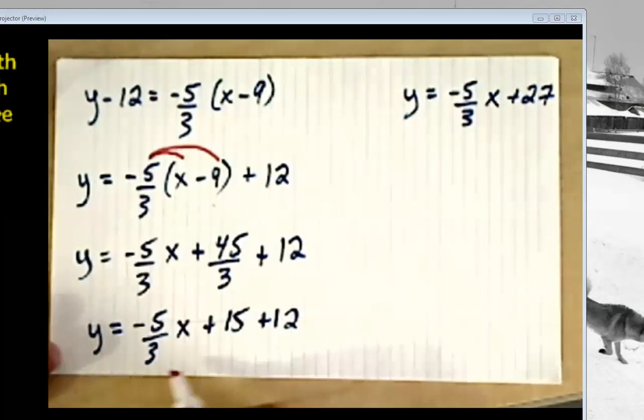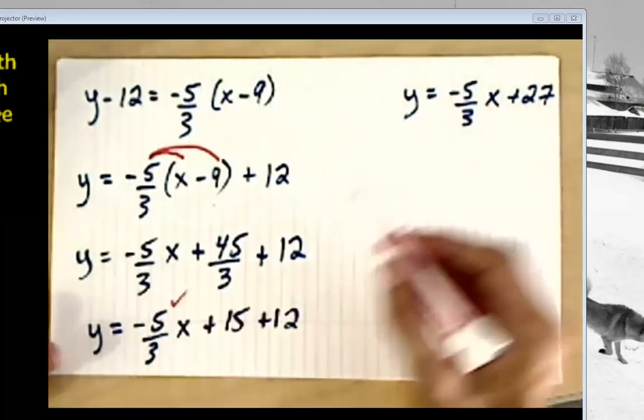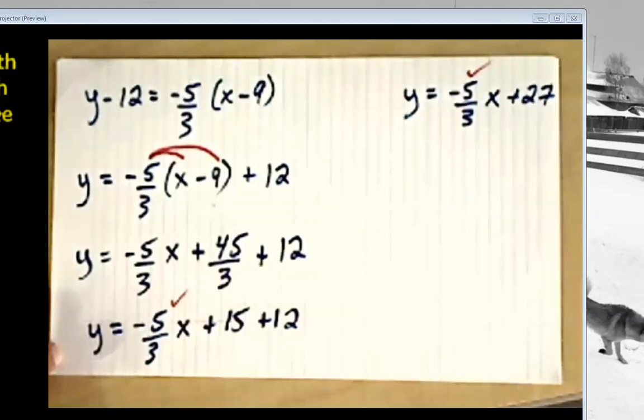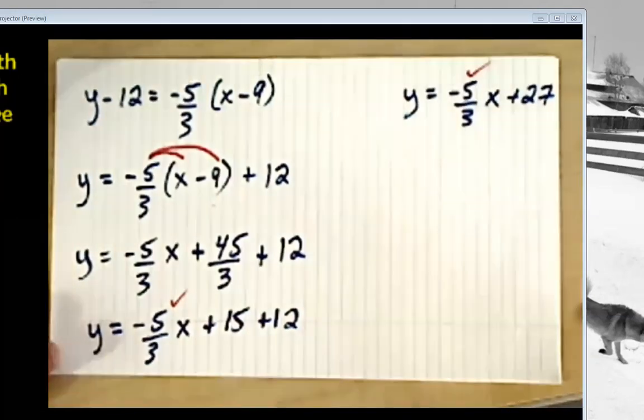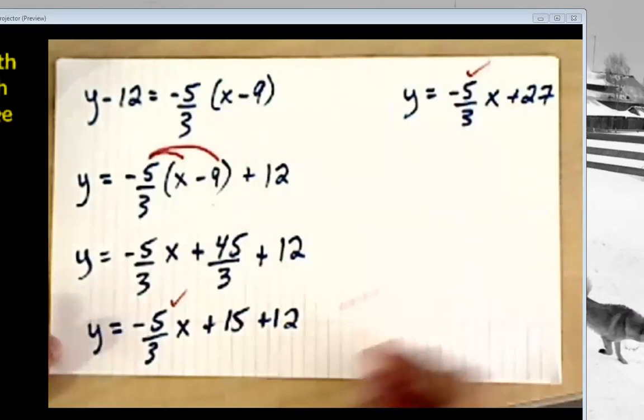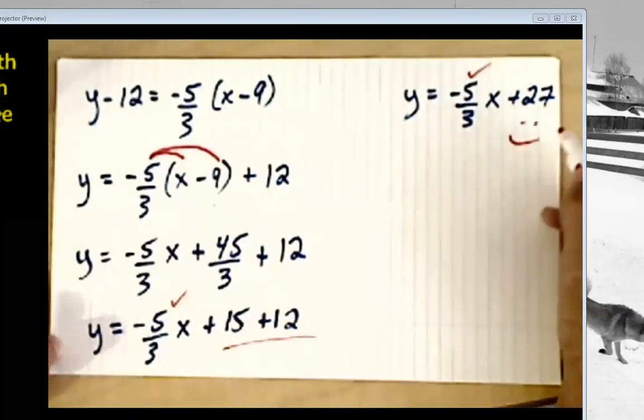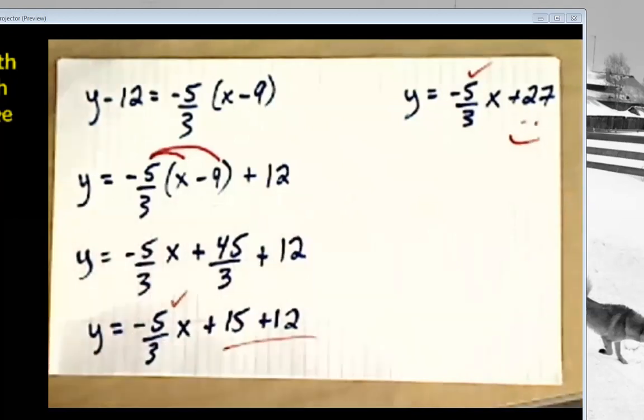Let's see. Minus 5 over 3 x, y equals 15 plus 12. 27. Success.